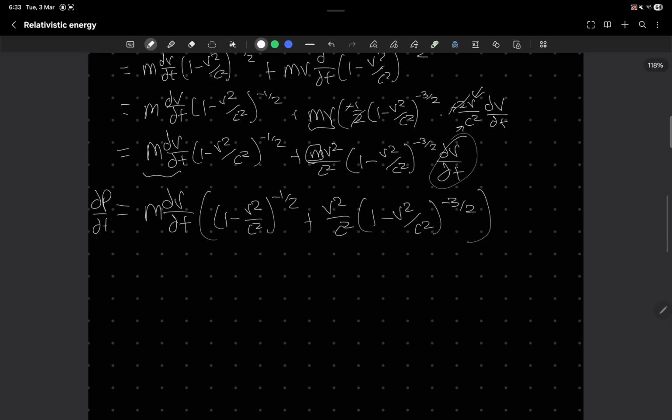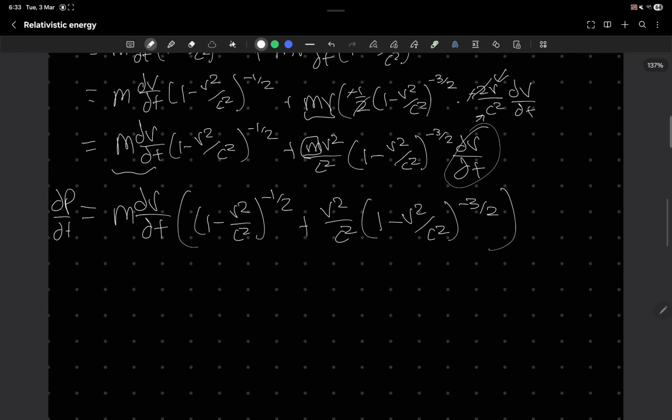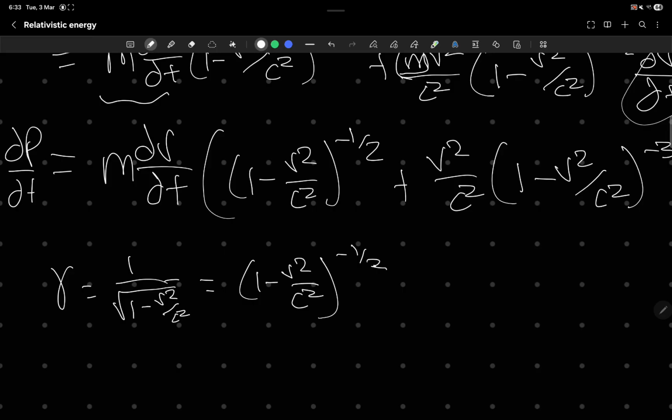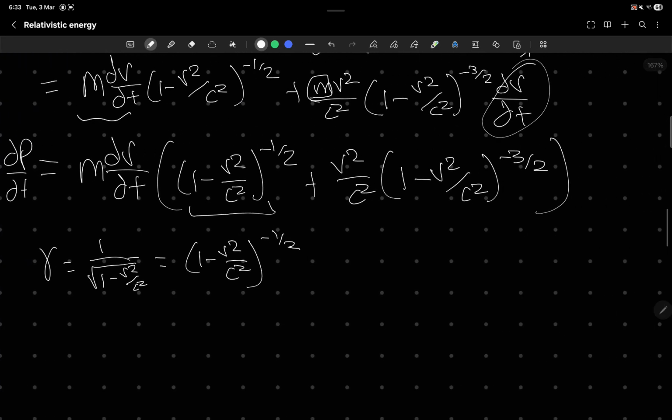Okay, and so the first thing you should recognize is from earlier we defined that gamma is equal to 1 over the square root of 1 minus v squared upon c squared, which is the same as 1 minus v squared upon c squared to the minus a half. So we have that gamma showing up here.